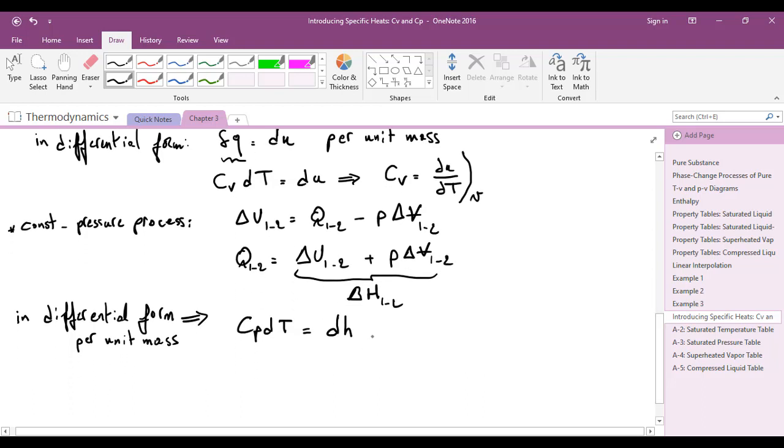So we'll have now the definition of Cp as partial H over partial T during a constant pressure process.